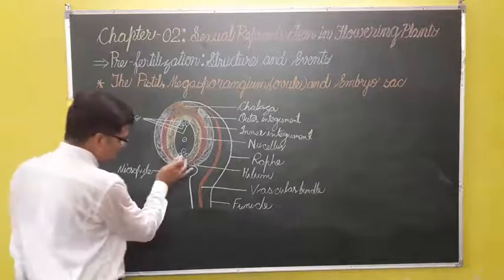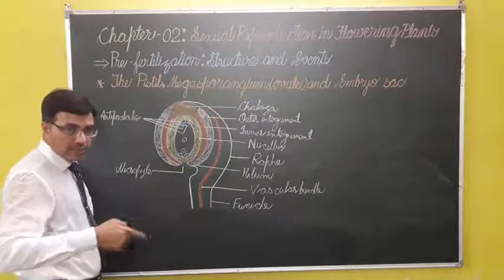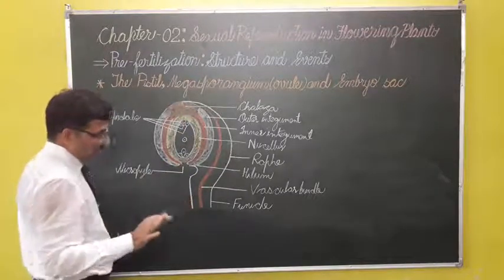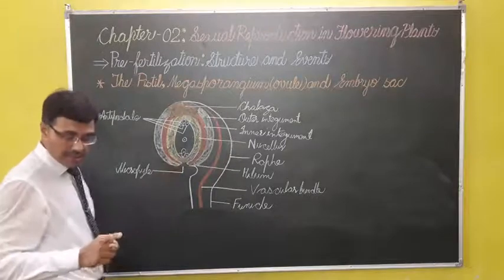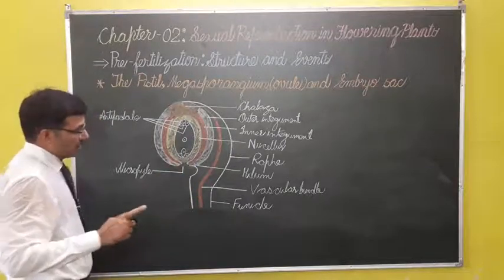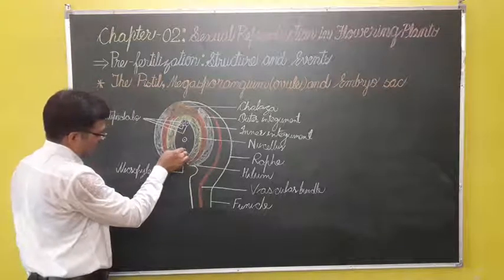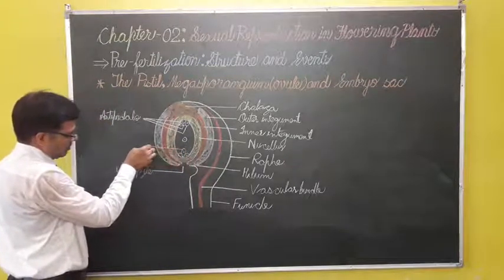Now, these three cells which are towards the micropyle, right? Out of these three cells, the one in the center is quite big in size. It is called the egg cell.